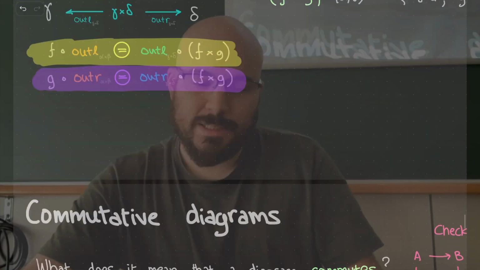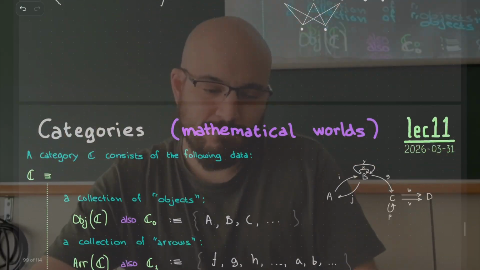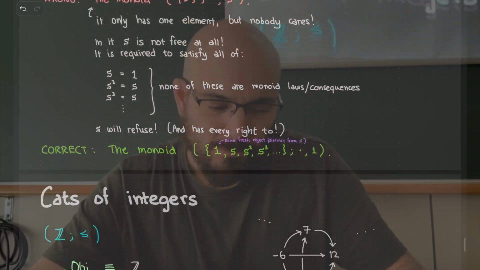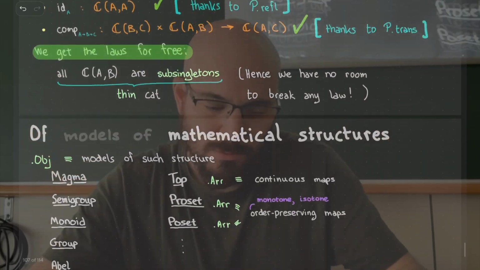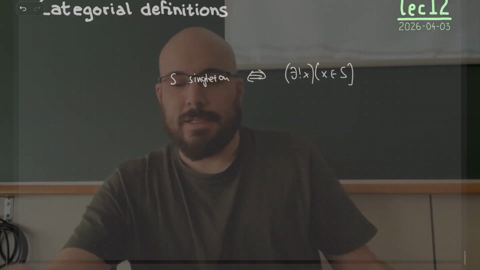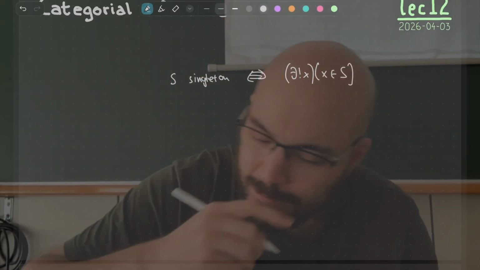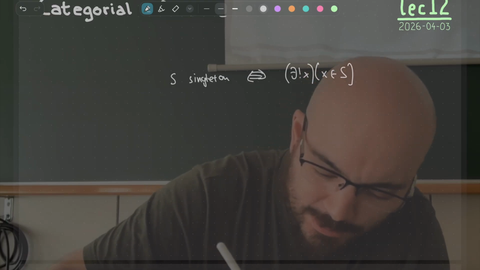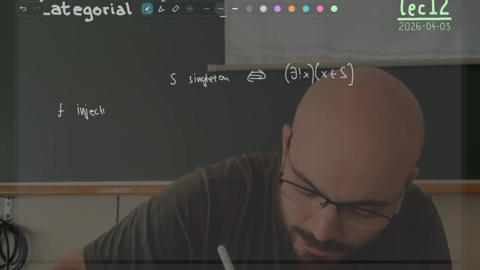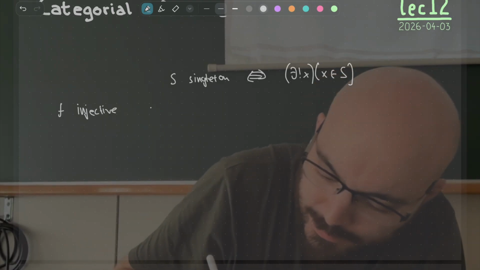So let's see. We'll see some examples in this lecture. Okay. Yes, like this, or maybe things like what it means for a function to be injective. Usually, you will define this like this.